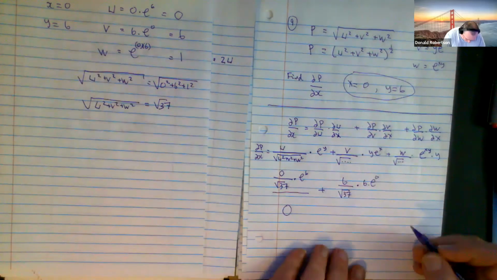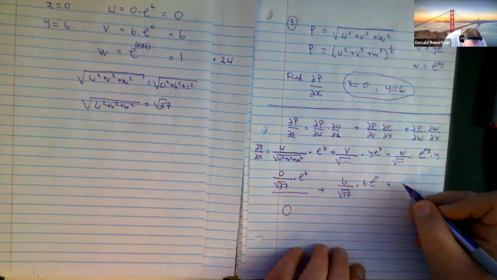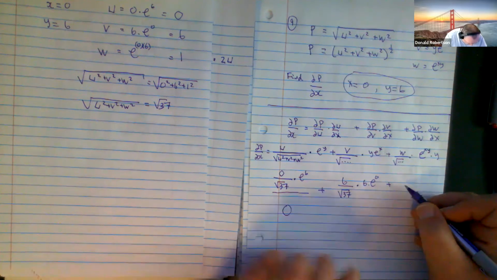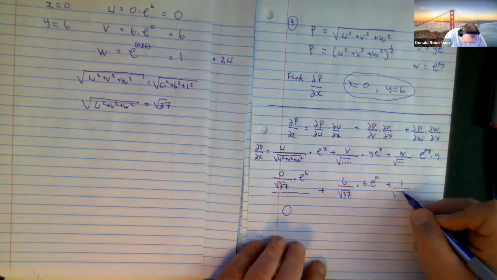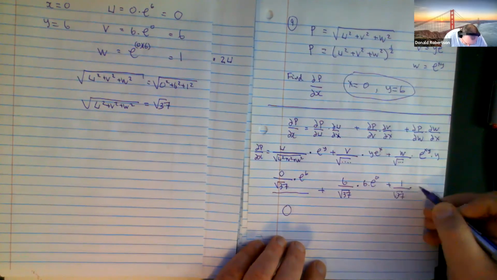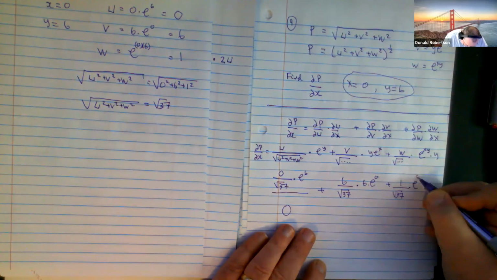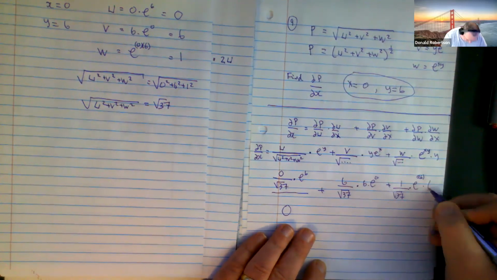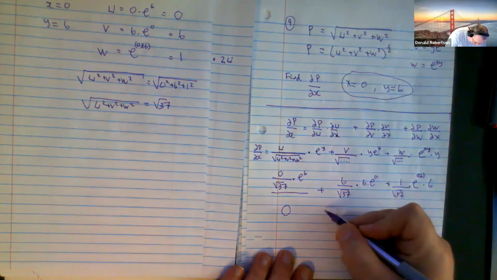Okay, that's what that one's going to be. And then I've got a w, which is 1, over the square root of 37 times e to the 0 times 6 times a 6. So let's see what we get there.